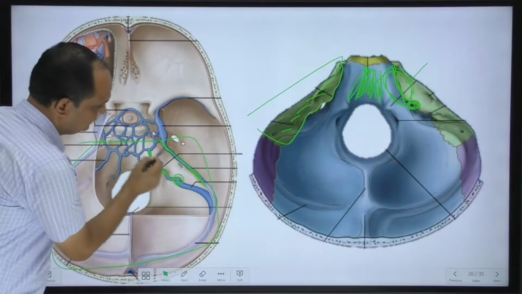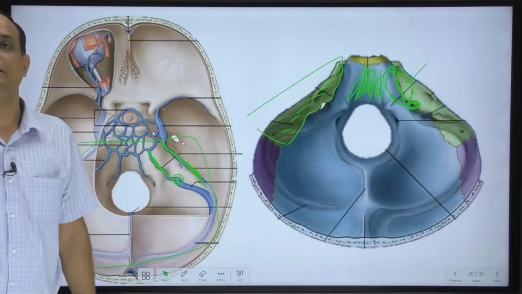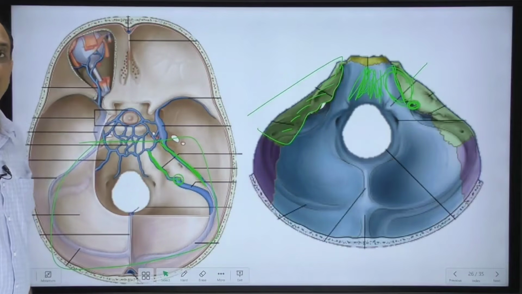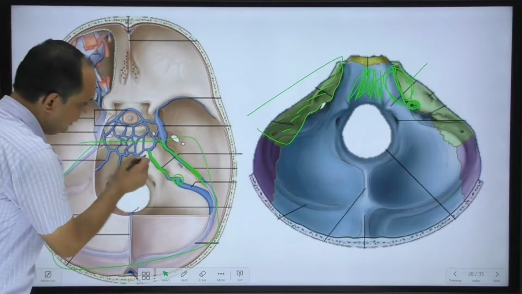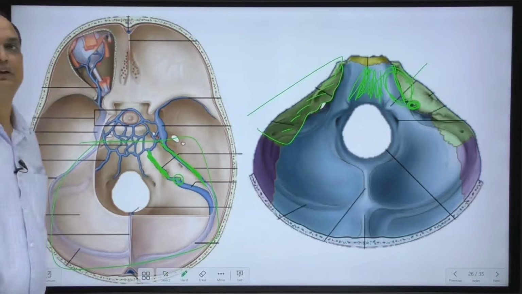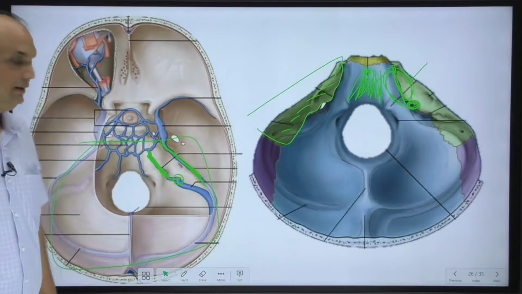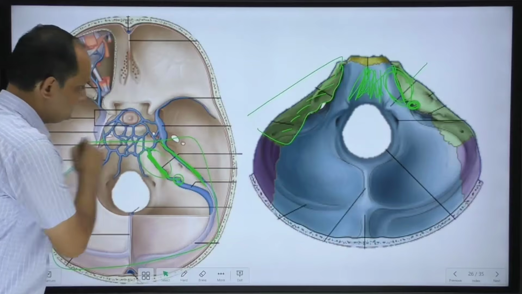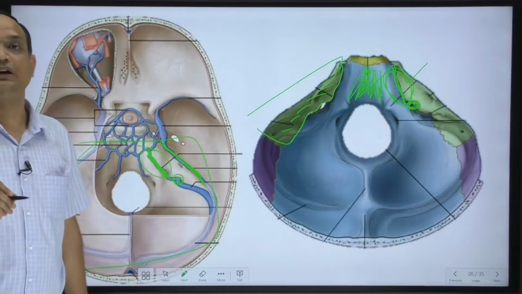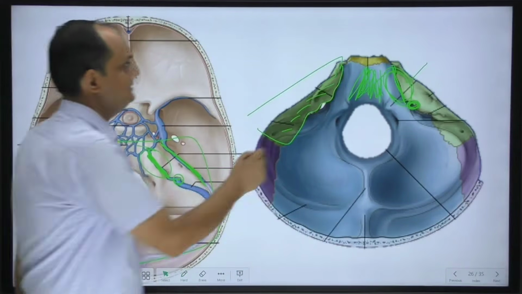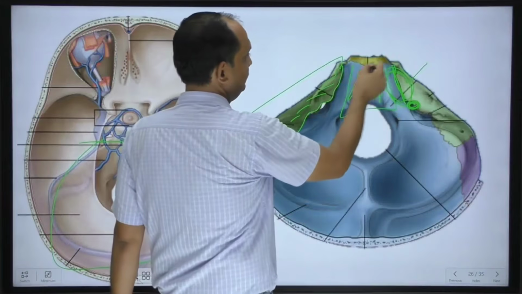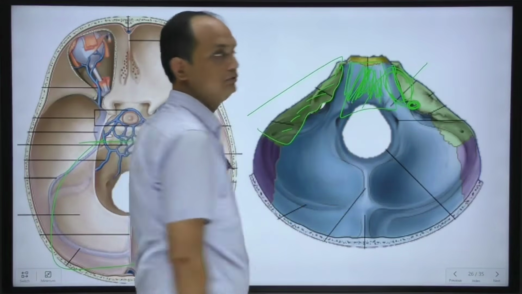Here, along the upper margin of the petrous part of the temporal bone. Where is the inferior petrosal sinus? Here, along the inferior margin of your petrous bone. But here this area is known as the petroclival fissure. Clivus means this slope part of your occipital bone.